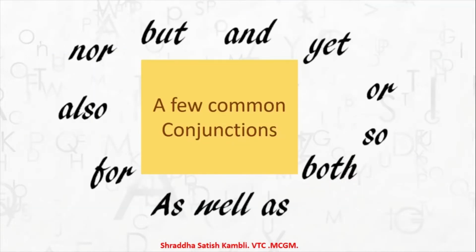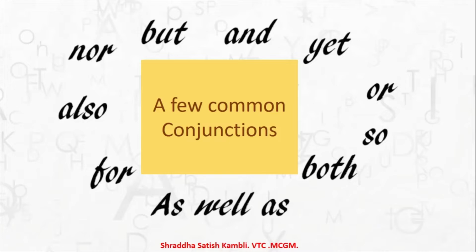Now let us look at a few examples of conjunctions, which are the common conjunctions that we use every day in our language. Whether you're writing English or speaking English, we make use of so many conjunctions daily. We have but, and, yet, or, so, both, as well as, for, also, nor, and many more.